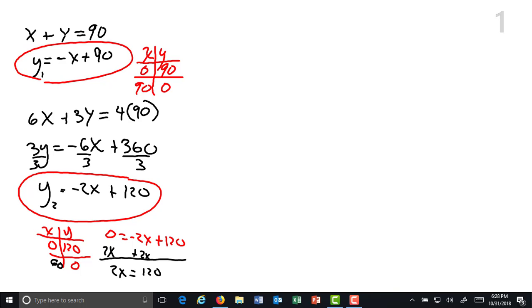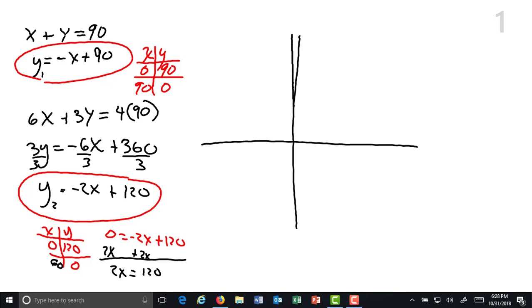So, this is how easy this is for figuring how much of each product we should have. It's kind of crooked, but let's say we have capital Y and capital X, and we're going up in units of 10, because we're at 90.